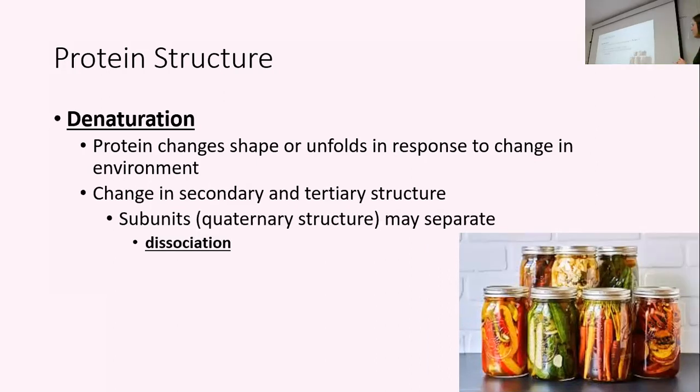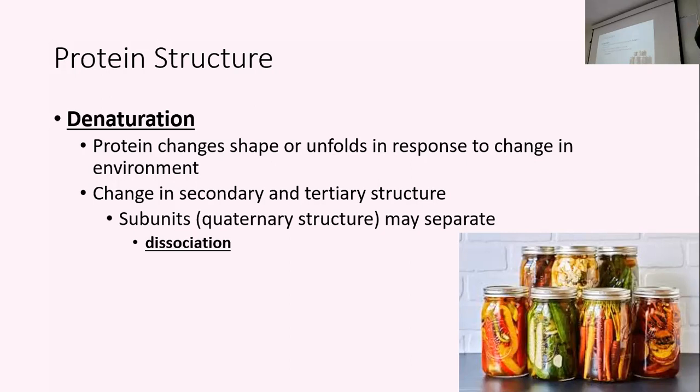dissociation. So occasionally, right? So denaturation is a change in secondary structure that kind of causes things to unfold a bit. But we can also have quaternary structure that comes apart, right? So secondary and tertiary structure is just kind of unfolding, but that quaternary structure is where multiple peptides are stuck together.